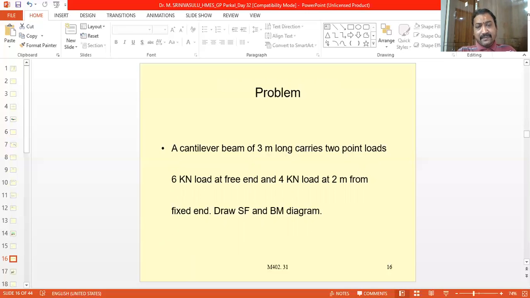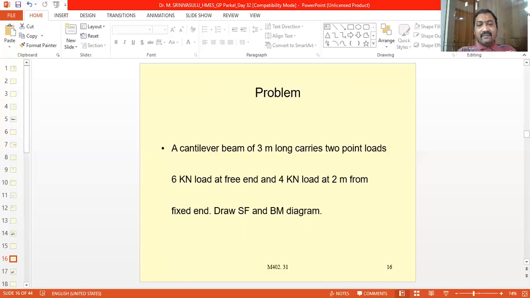If the shear force is having a positive value, we have to show that above that line, and if it is negative, we have to draw it below that line. Another horizontal line is for the bending moment.